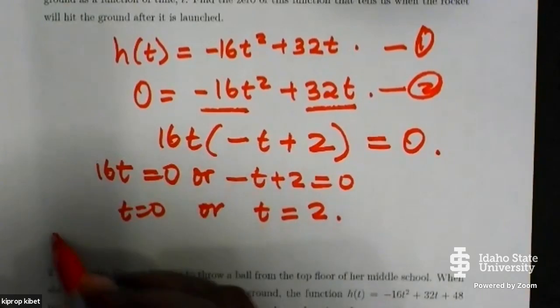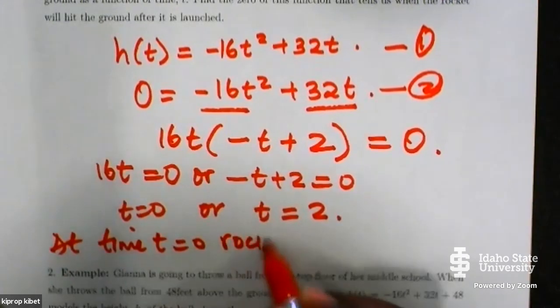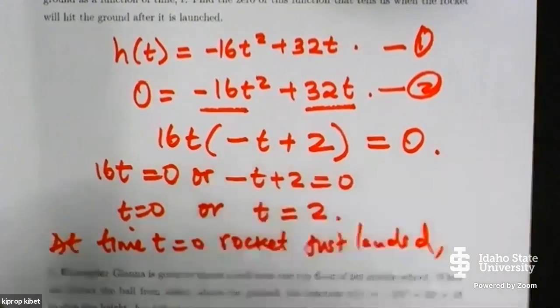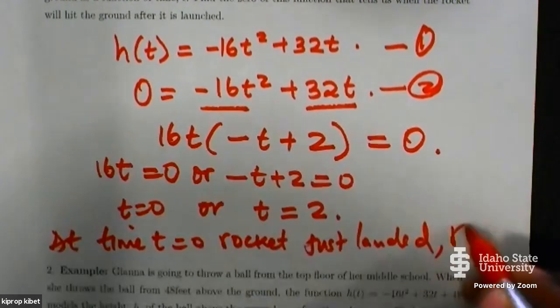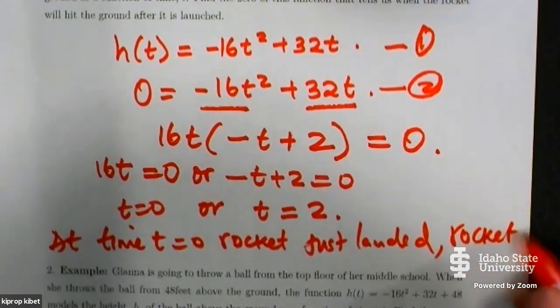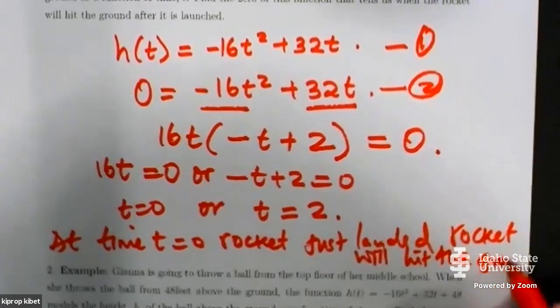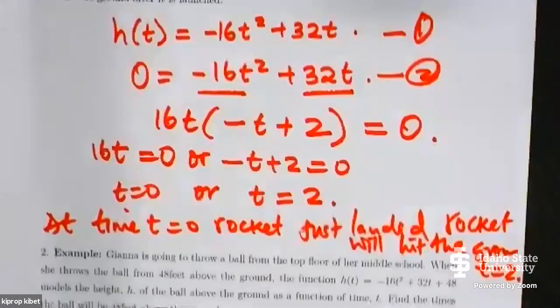Then also, the rocket will hit the ground after t equals 2. So the rocket will hit the ground at t equals 2.